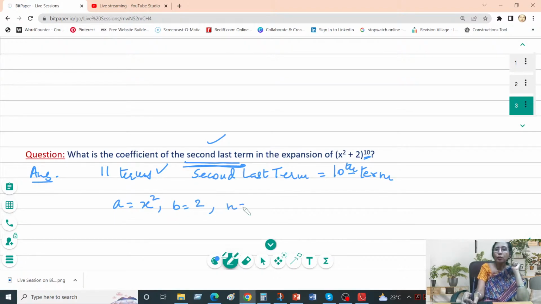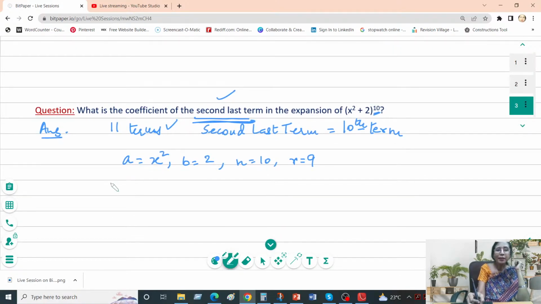N is equal to 10. And remember, the starting value of R is equal to 0. So the value of R in the 10th term will be equal to 10 minus 1, which is equal to 9. So the R value is equal to 9. Okay, fine.